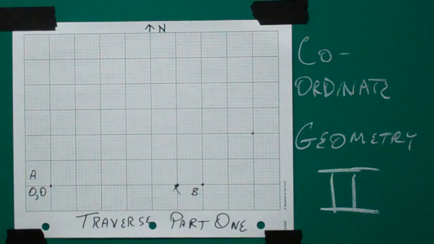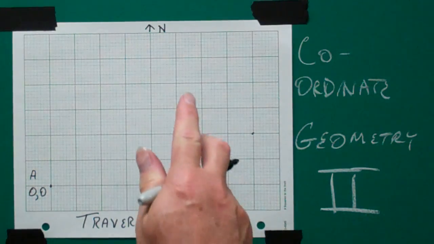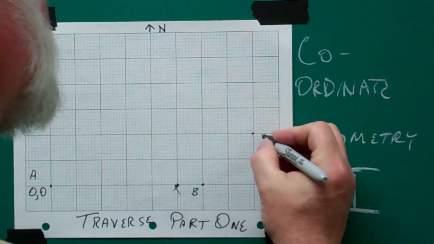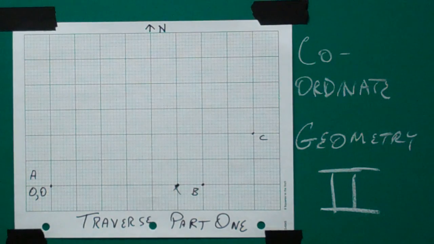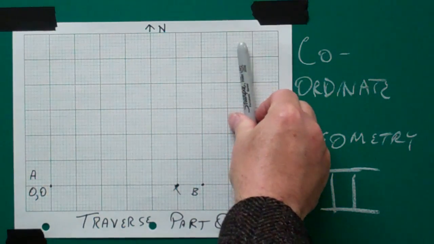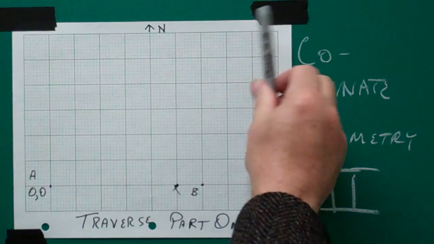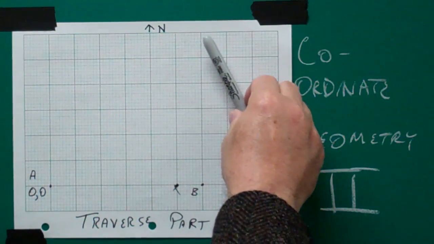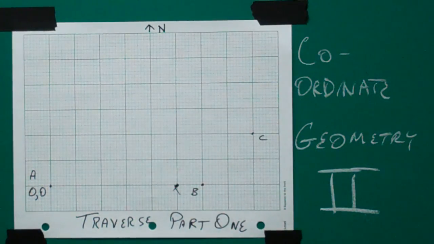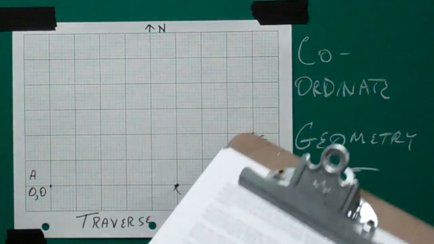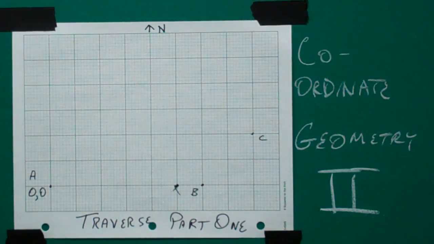Then from this point, this is C. And from here, it gets a little dicey because we're going to go north 20 degrees, 33 minutes, 22 seconds west, 427 feet. So I don't know exactly where that is yet. So let's start on the traverse with the scale and the protractor, and we'll see how things turn out.